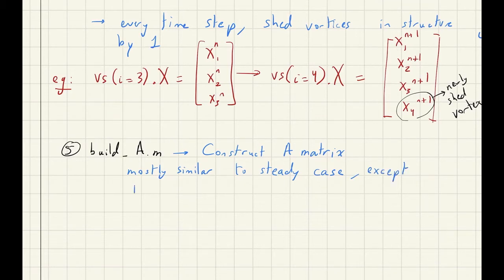The first thing is that in this unsteady scenario, we have to enforce Kelvin's circulation theorem, which again means that d gamma dt of the entire system for all time is equal to 0.